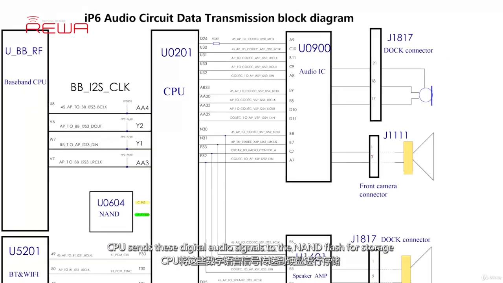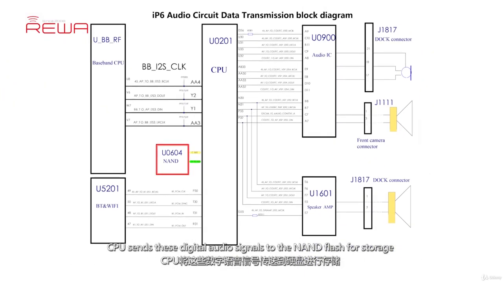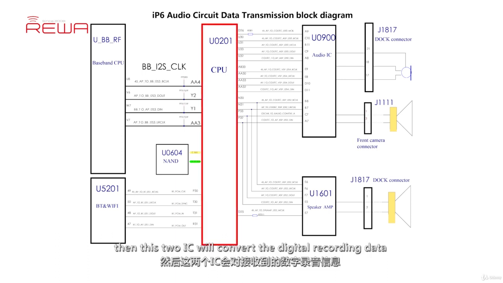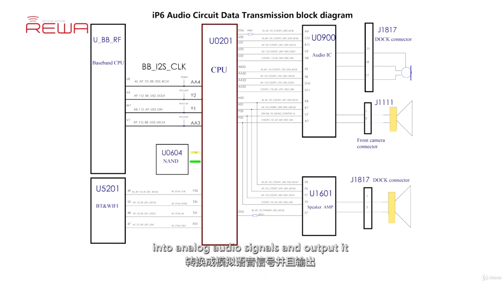CPU sends these digital audio signals to the NAND flash for storage. When we need to play the recording data, CPU will extract the recording data from the NAND flash and then transmit it to the codec IC in receiver mode or loudspeaker power amplifier IC in hands-free mode via the I2S bus's ASP or XSP pass. Then these two IC will convert the digital recording data into analog audio signals and output it.